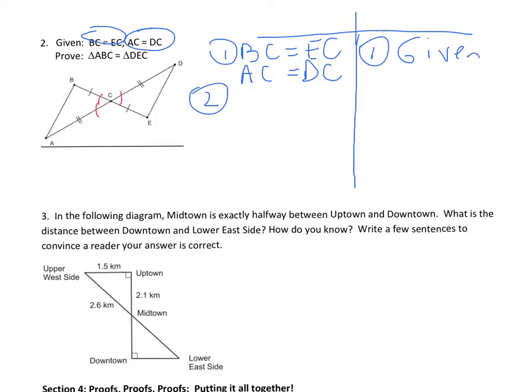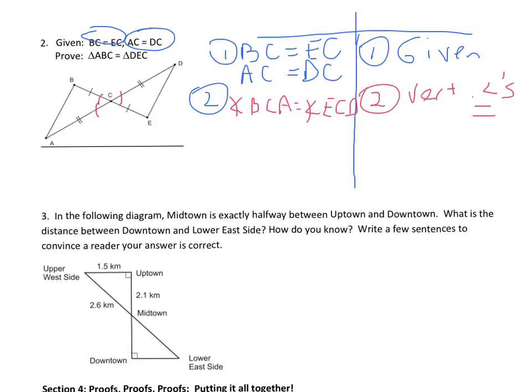So we can say that angle BCA is equal to angle ECD, and the reason there would be that vertical angles are equal, or you could say the vertical angle theorem.